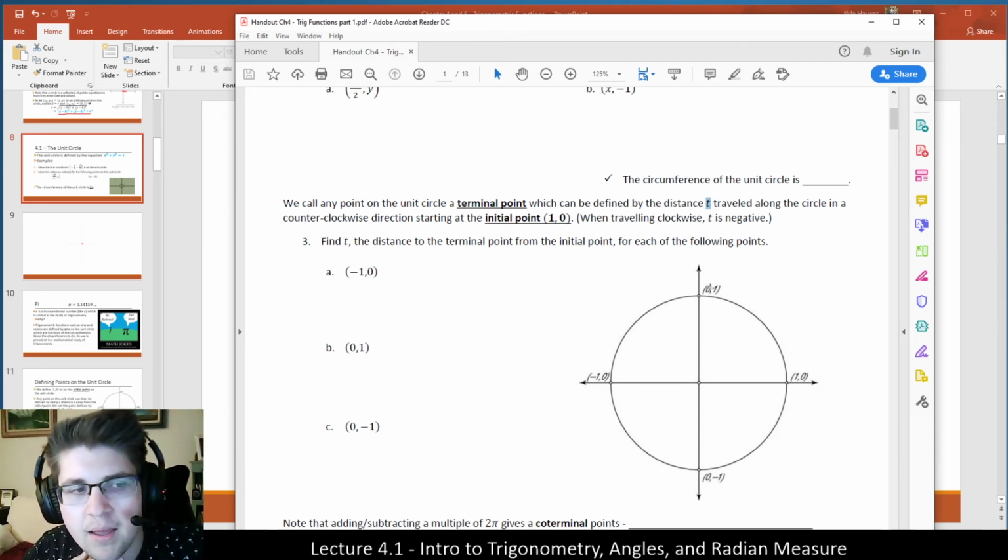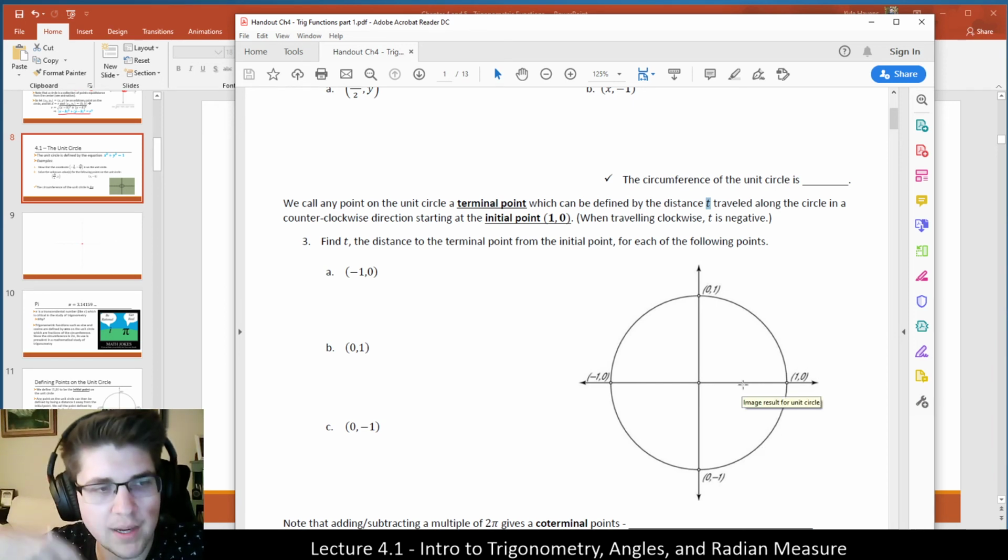Also, what I wanted to mention is that a counterclockwise movement is treated as positive movement, whereas if the ant were to move clockwise instead, that would be considered the negative direction when referring to the unit circle. There is a very specific reason.